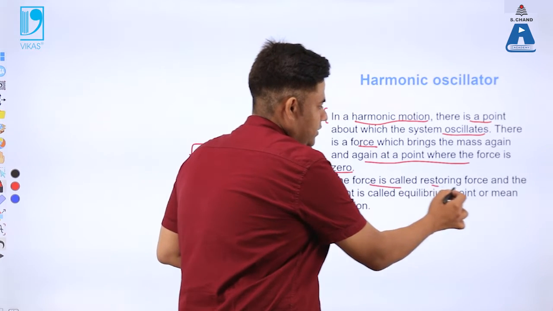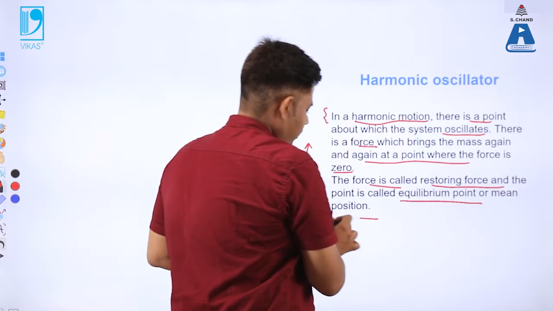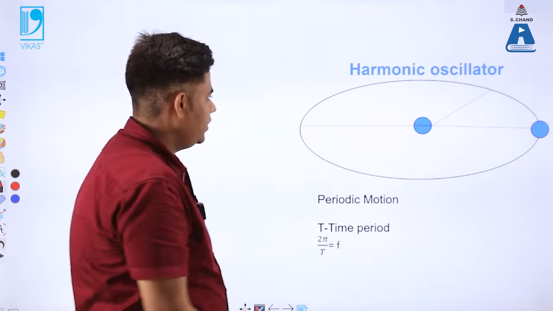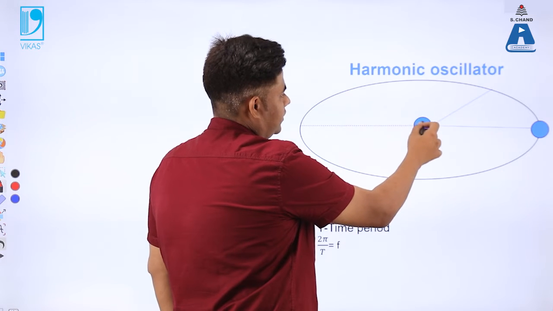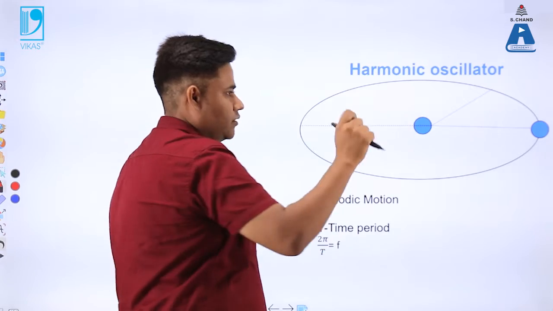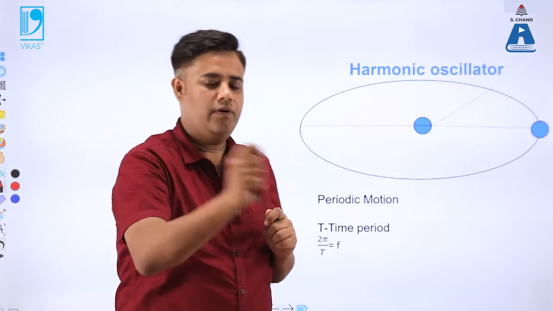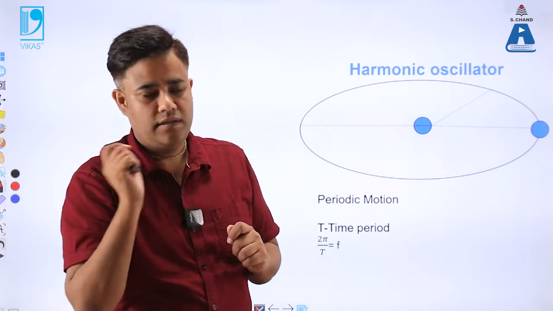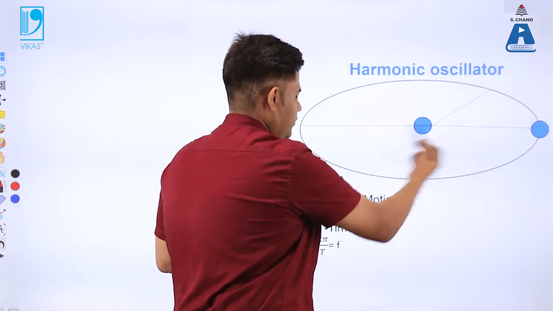That force is called the restoring force, and the point is called the equilibrium point or the mean position. Here let's say we have an object with a string tied to it, and we keep on rotating it.